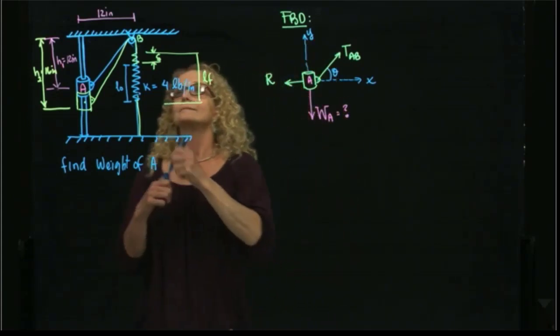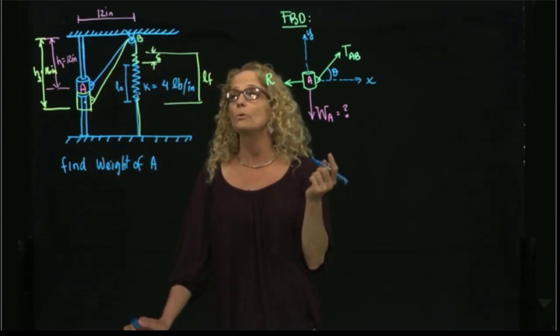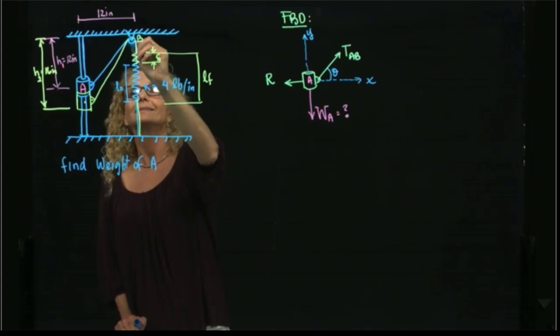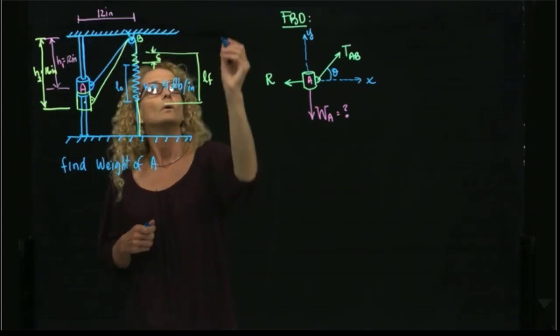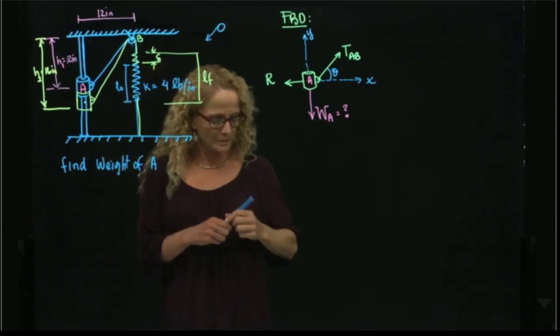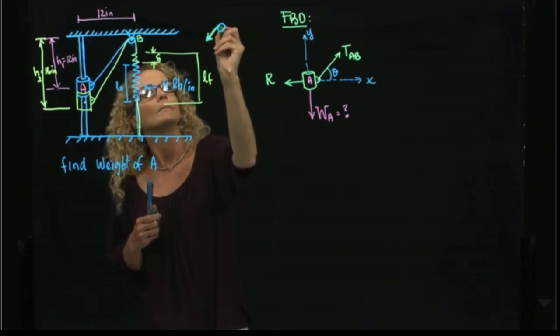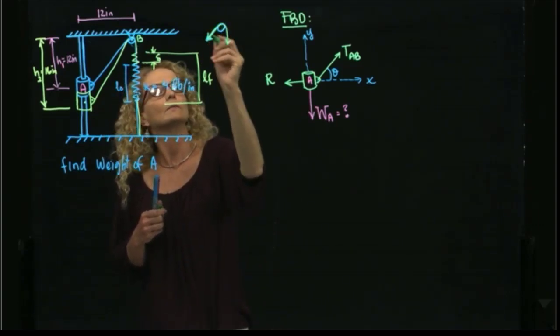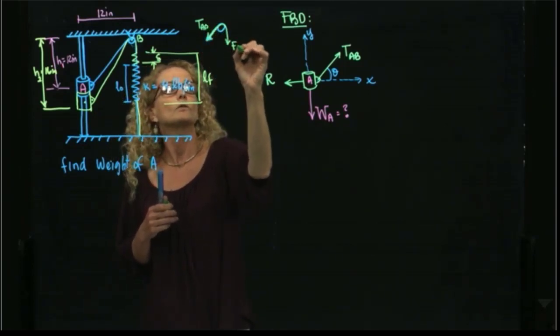When I analyze the pulley over here, since this is a frictionless pulley, I can say that this tension over here, the tension over here, which is the same tension AB, is this tension over here, right? So this is tension AB, and this is the force of the spring.